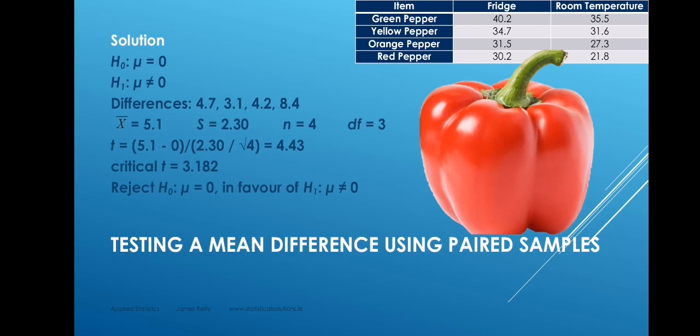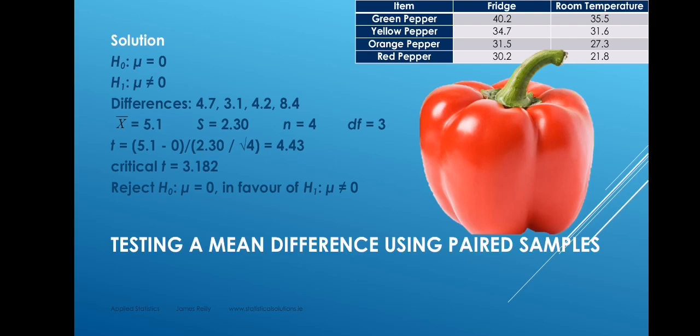And as always, we leave that calculated value there while we go and look in the tables for 3 degrees of freedom and the appropriate critical value to provide us with the value for a two-tailed test.